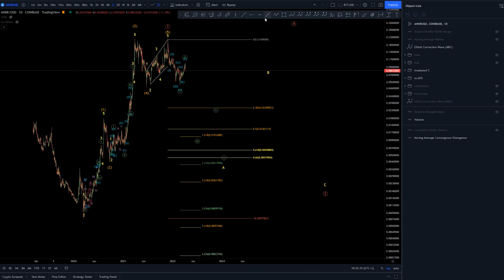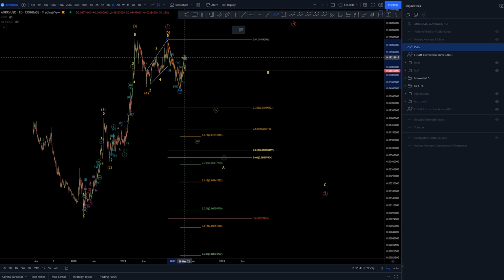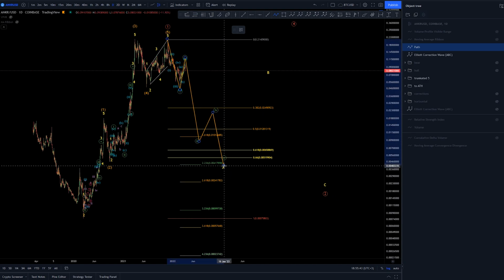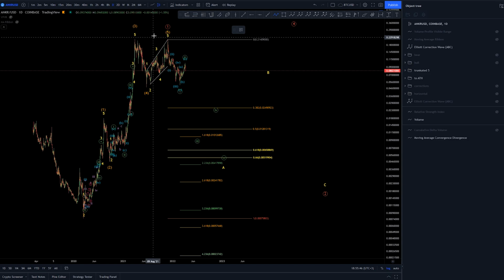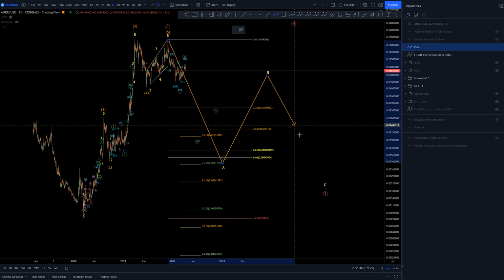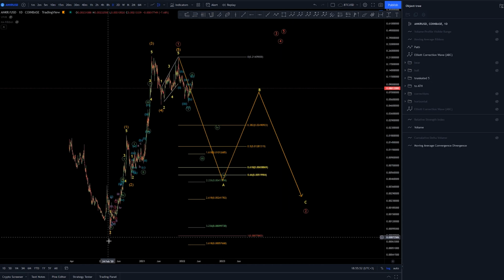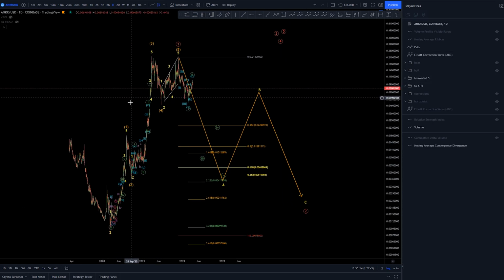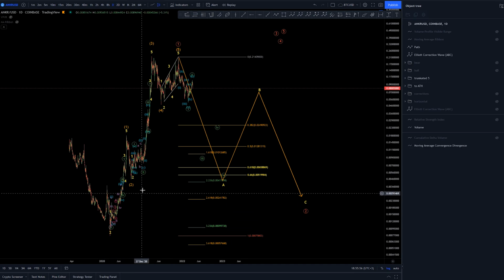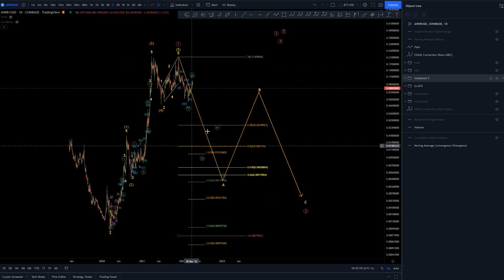And this would be minor, so this would be 1, 2, 3, 4, 5 into this A, and then A, B, C. Now this can take a lot of time, as this has been such a huge correction.